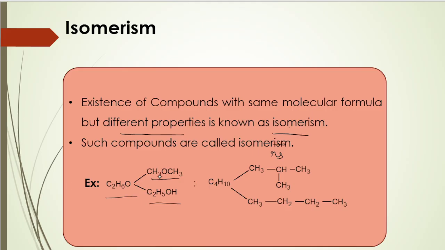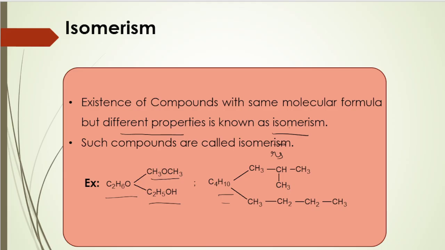Example 1: suppose we consider these two compounds, both have the same molecular formula C2H6O, but their properties are different. They have different structures altogether, right? Now if we consider C4H10, there are 4 carbons and 10 hydrogens. If we consider this particular compound also, there are 4 carbons and 10 hydrogens, so C4H10 is the molecular formula of this compound.